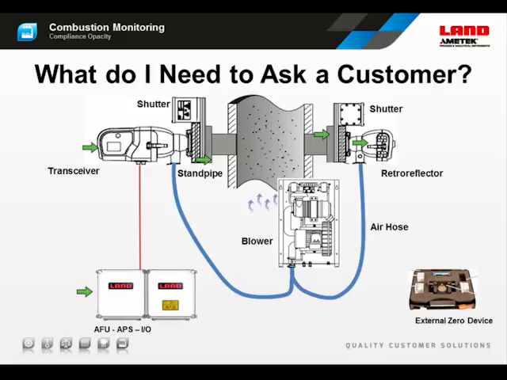It produces multiple Modbus outputs. It accepts inputs from blower pressure switches and so on. So it's generally used in all but the most low-cost installations. And it communicates with the transceiver using a pair of cables, one of which carries power, and the other is an RS-485 Modbus signal.